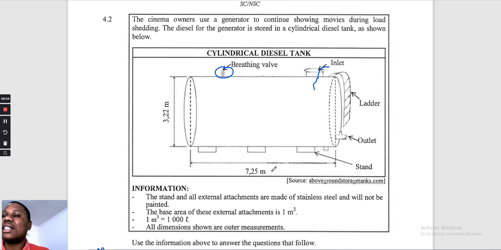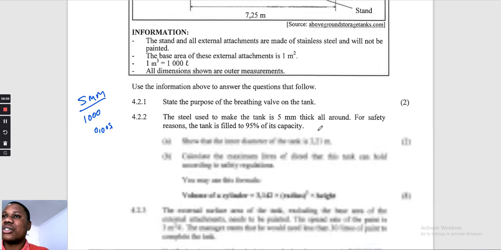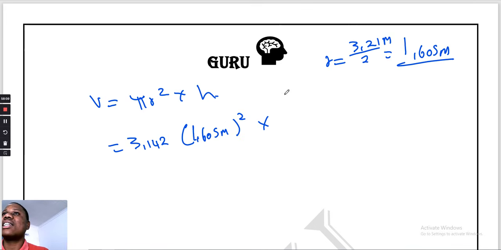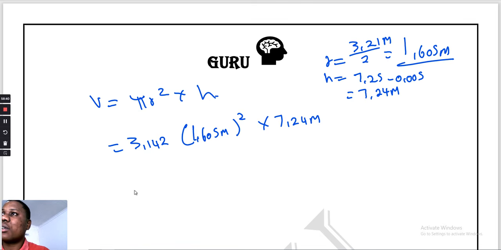This is the outer height. So for the inner height, our outer height was 7,25, we're going to say 7,25 minus 0,005. That gives us 7,24 meters. So you're going to multiply by 7,24 meters.